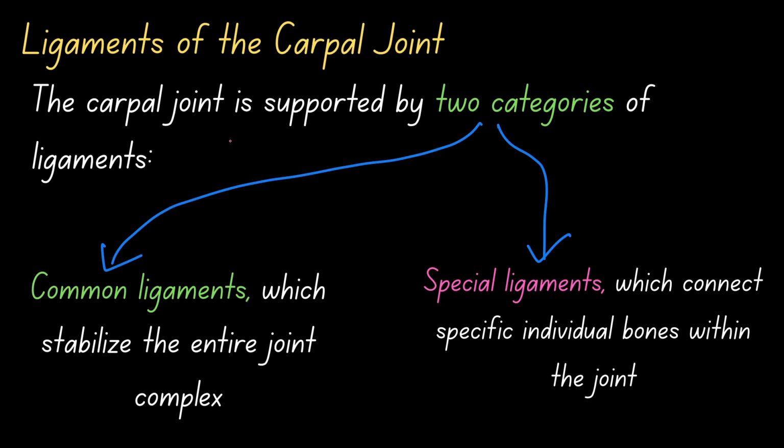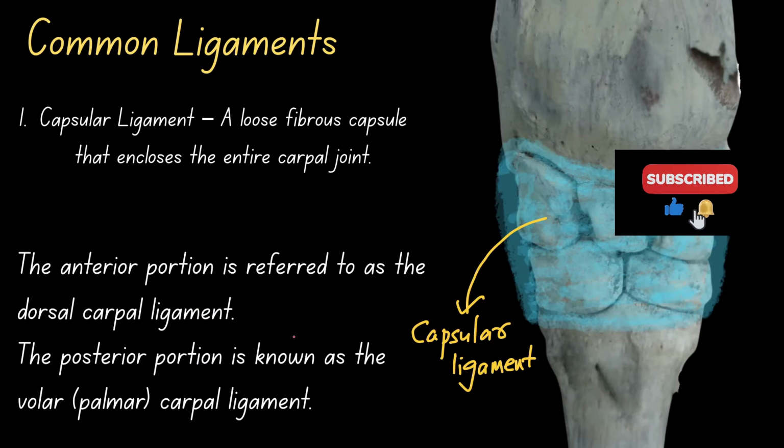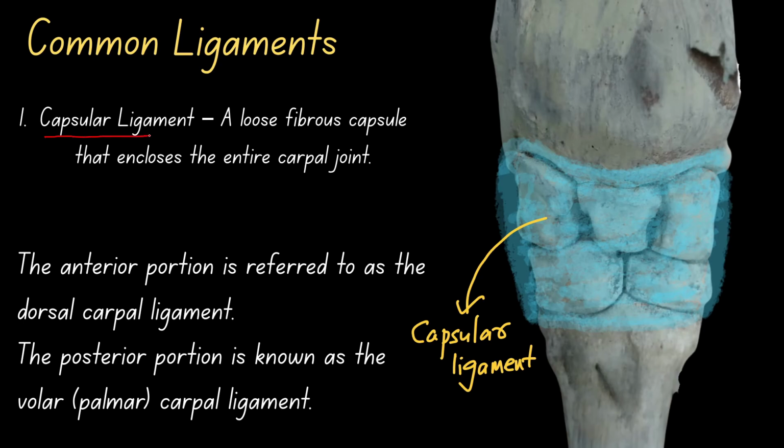The carpal joint is supported by two categories of ligaments. One category is the common ligaments, which stabilize the entire joint complex. The second category is the special ligaments, which connect specific individual bones within the joint. First, the common category is the capsular ligament.